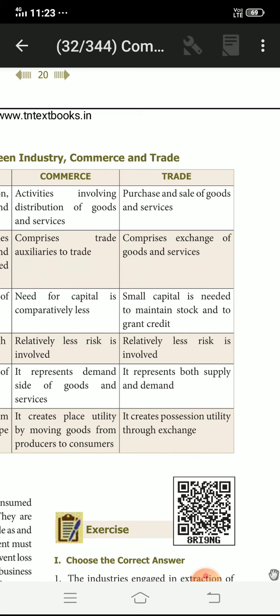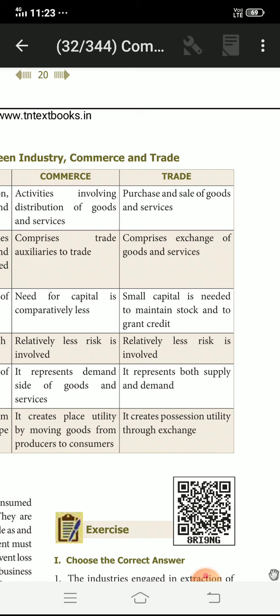Internal trade is otherwise known as domestic trade, and external trade is otherwise known as international trade. International trade is divided into import trade, export trade and entrepot trade.